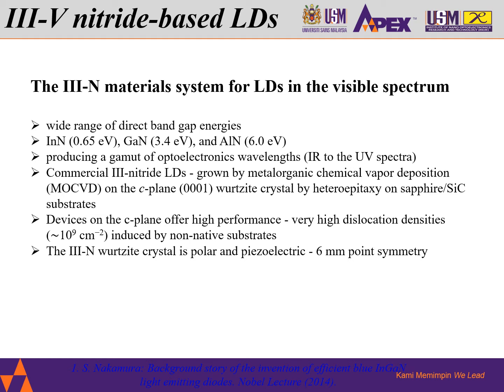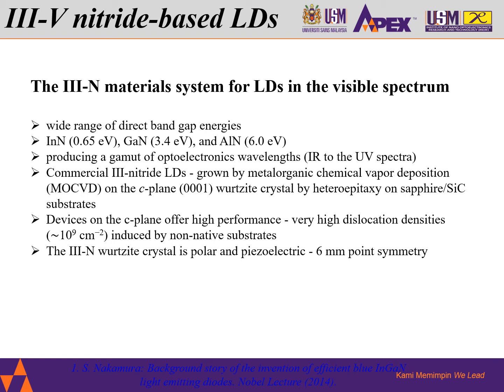Commercial III-nitride LDs are grown epitaxially on a C-plane (0001) wurtzite crystal by heteroepitaxy on sapphire or silicon carbide substrates. The devices on C-plane offer very high performance, despite very high dislocation densities, 10 to the power of 9 per cm squared, induced by the non-native substrates.